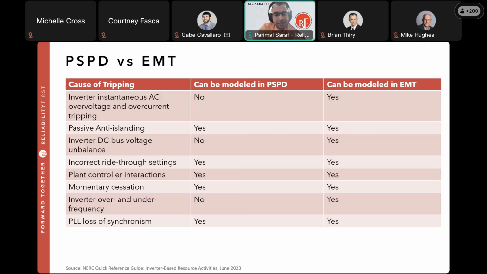So as evident, EMT does find a place when the analysis requires it, or what you're looking for is very specific to what EMT would cater to. So this table basically shows EMT analysis is definitely needed in certain situations.